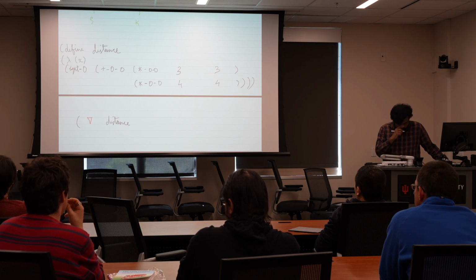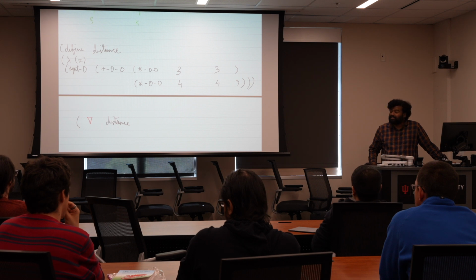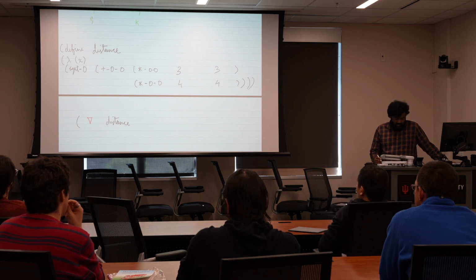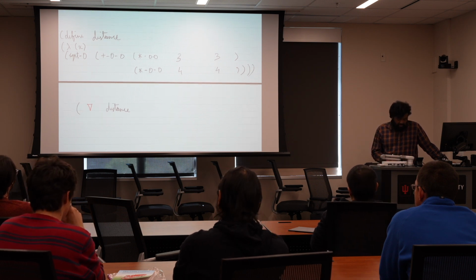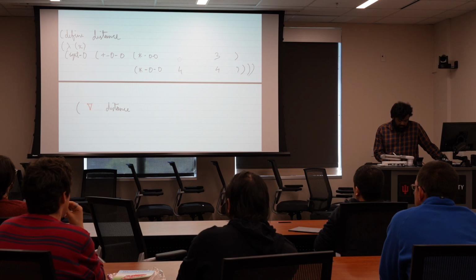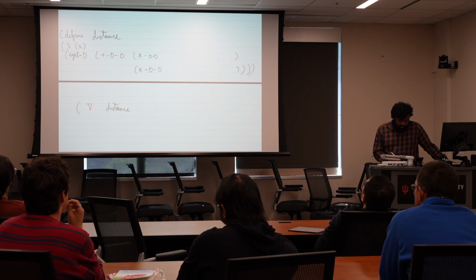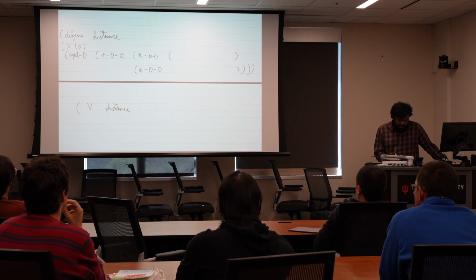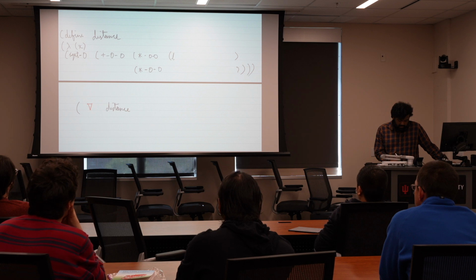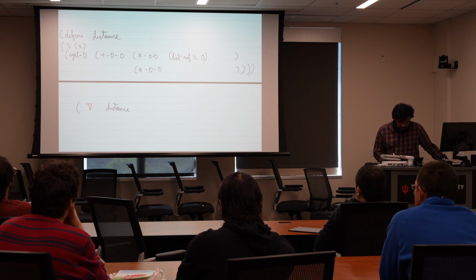So, the way nabla works is that it only takes a function with a single argument, and that argument is usually a list. So the way I'm going to pass my arguments is in the list x. So I'll do a list-ref x 0 to get the first argument, and then I'll copy the same thing here.